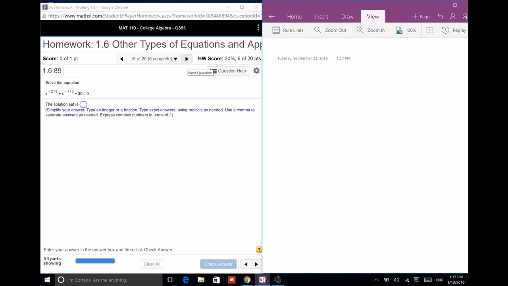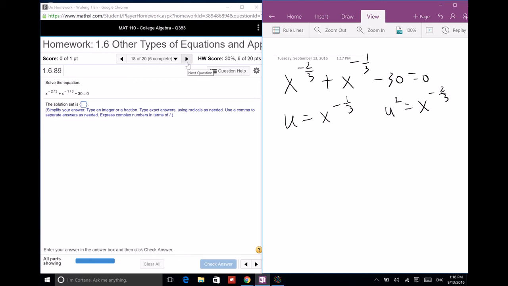And this one is x to the negative 2/3 plus x to the negative 1/3 minus 30 equals 0. You can do U substitution again. Let U equal x to the negative 1/3. Then U squared equals x to the negative 2/3, right?